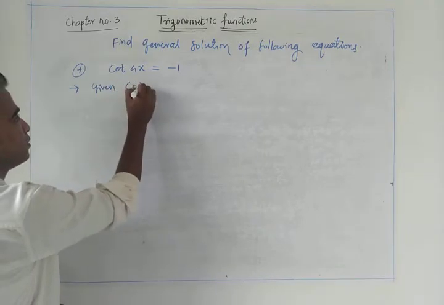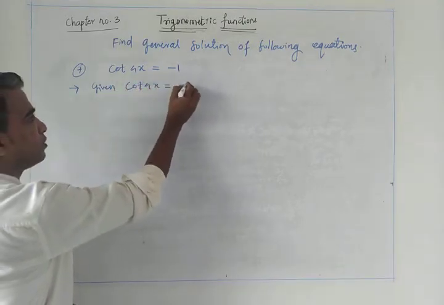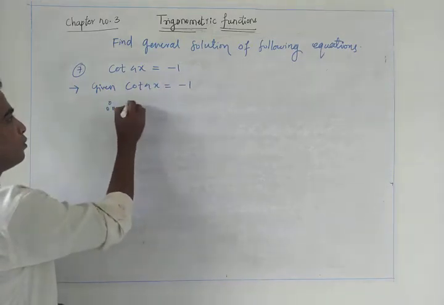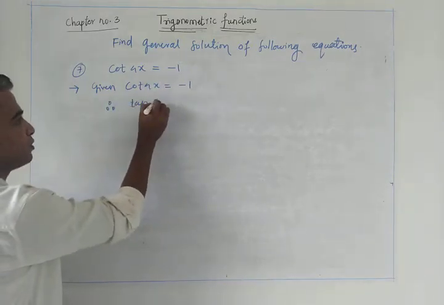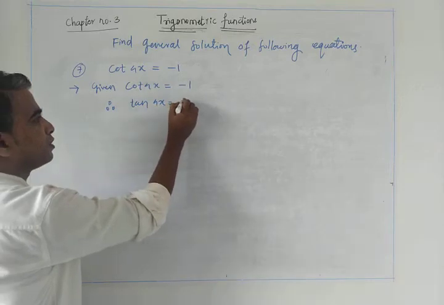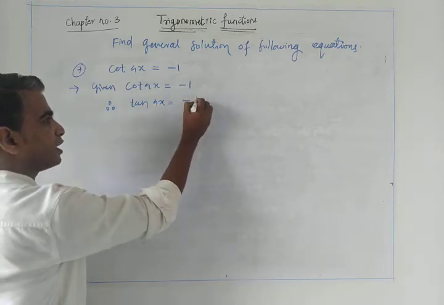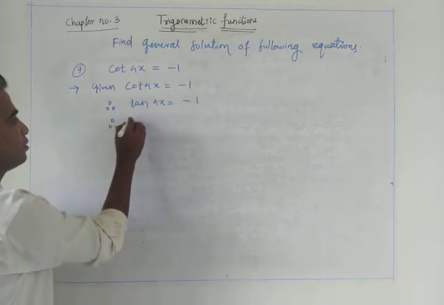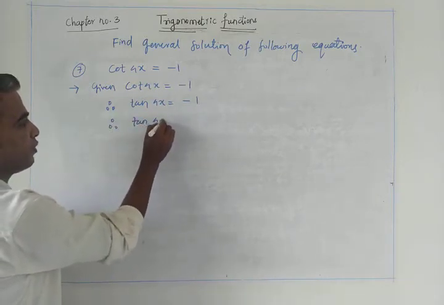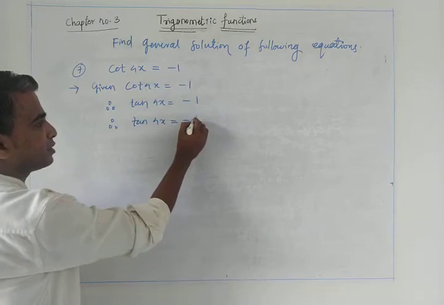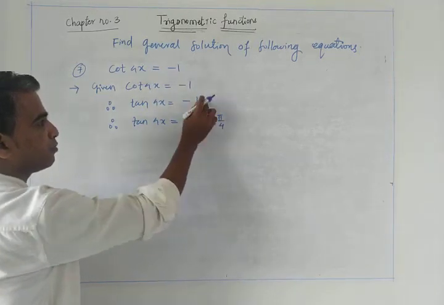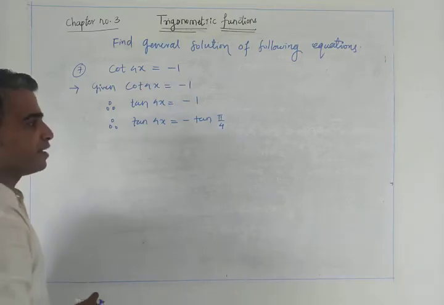So given cot 4x is equal to minus 1. Therefore, now we are going to use the tan formula. So tan 4x is equal to minus 1 upon 4, so that is again minus 1. Therefore, tan 4x is equal to minus tan pi by 4, because tan pi by 4 is 1, 45 degrees.